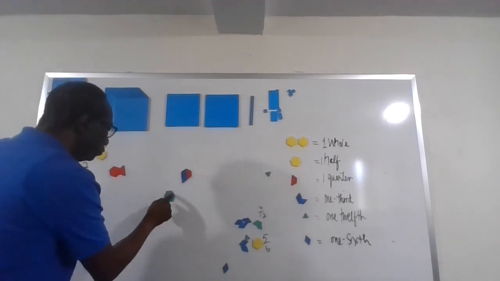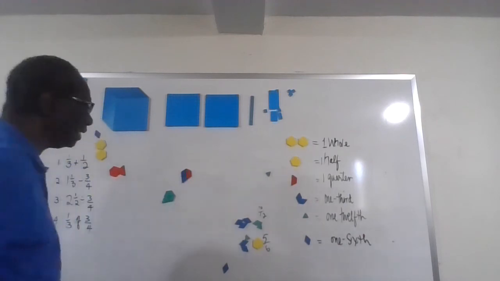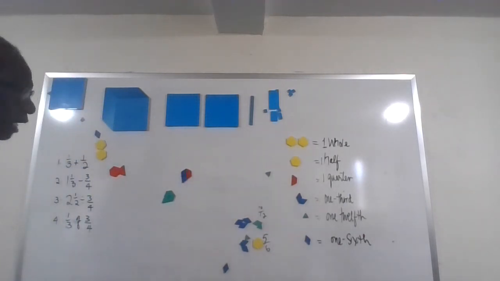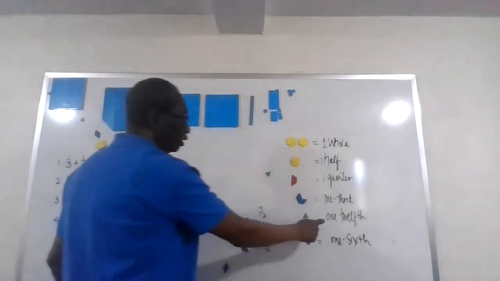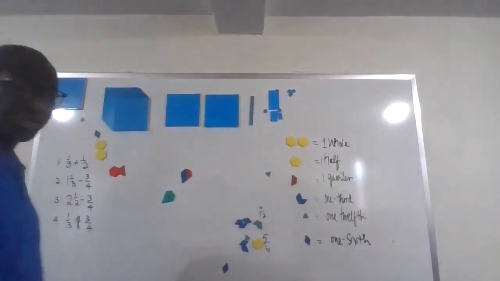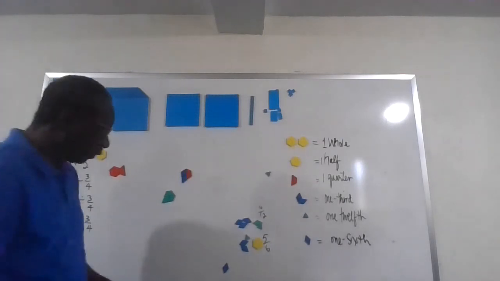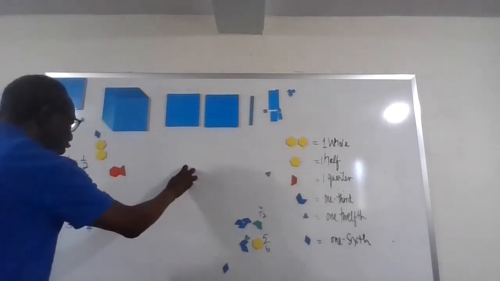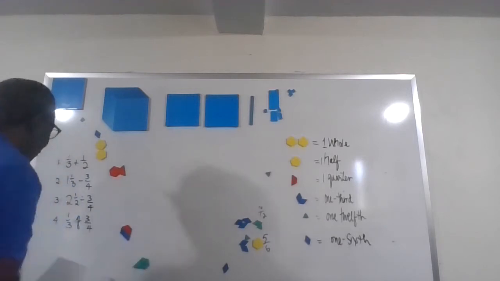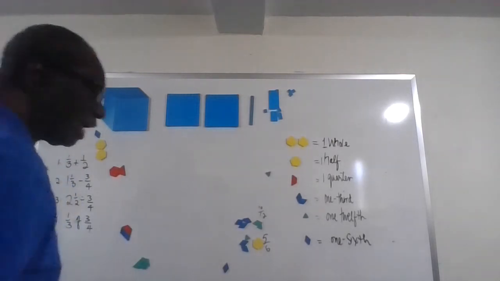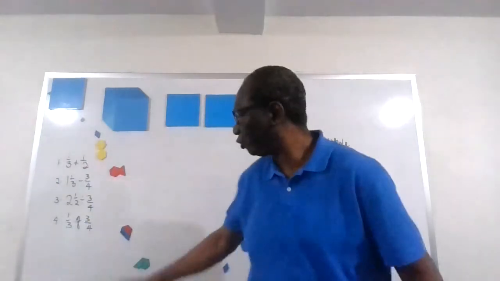You got 1, 2, 3, 4, 5, 6, 7. 7 green triangles, and each green triangle is a 12th, and so my answer is 7 12ths. Okay, I'm going to proceed to the third representation, 2.5 divided by 3/4.